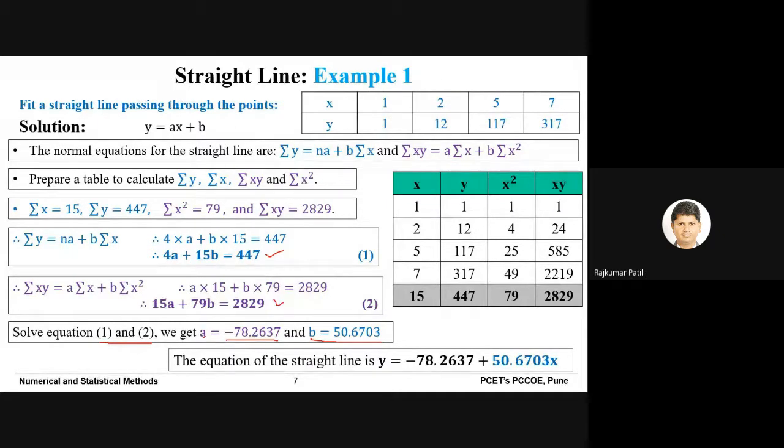Now put these values of a and b in the equation of a straight line. Here you can see y is equal to a plus bx. So put them into this equation and the final equation you will get is y is equal to minus 78.2637 plus 50.6703x.